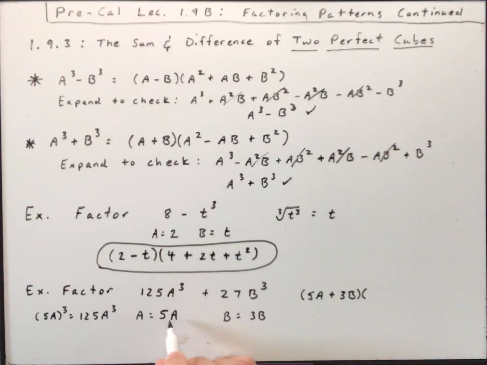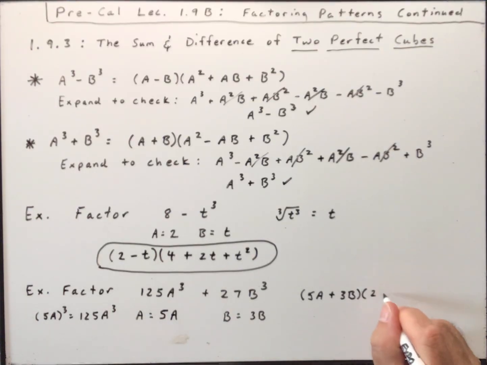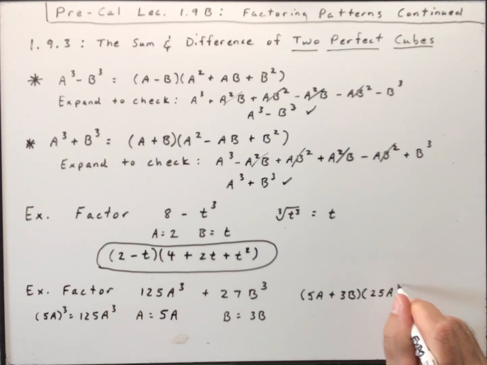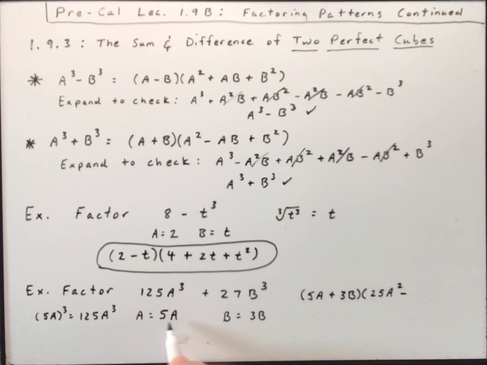Well, 5a squared is going to be 25a squared. And then we have a minus sign. A times b, 5a times 3b would be 15ab. And then finally plus b squared, right? We're right here, b squared, that's 3b all squared.